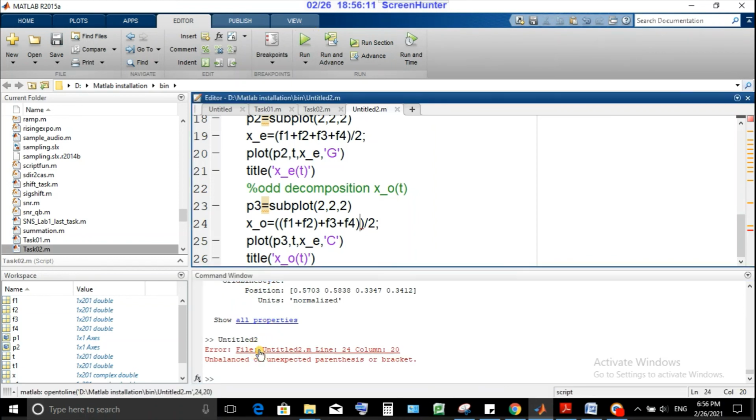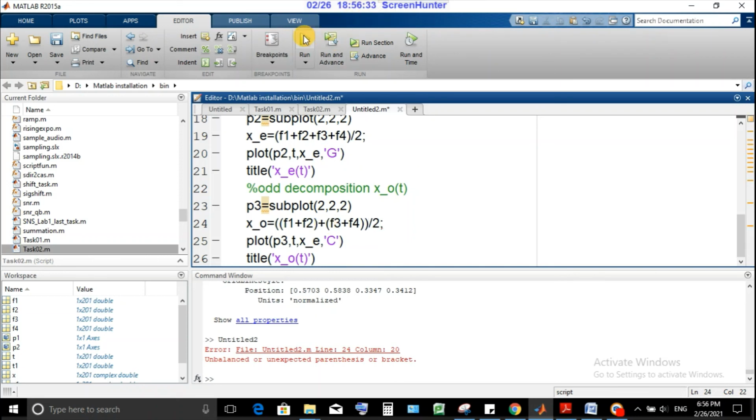If we run it, we can check for brackets. After F4 there are 2 brackets, unbalanced or unexpected. Yes, we have to close it here and then again close it here.